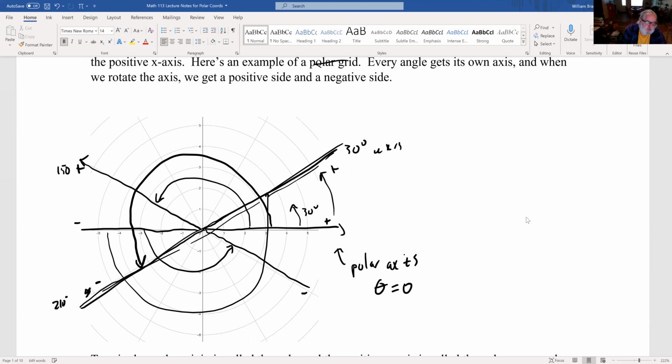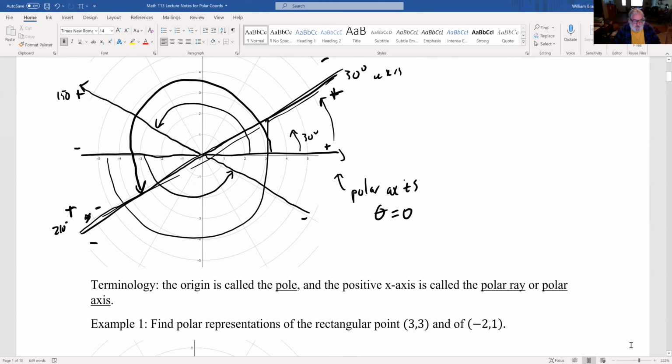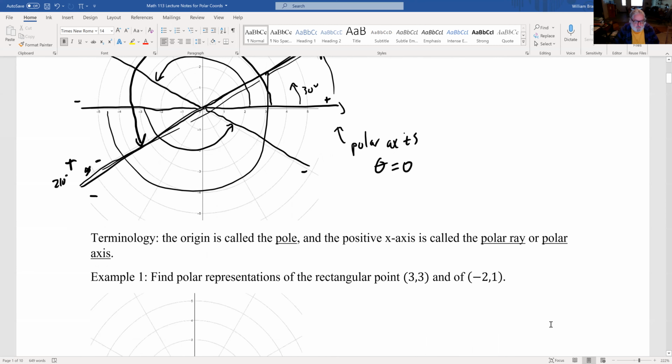So 30 and 210 are separated by 180 degrees. The 30-degree axis is positive in this direction and negative there. The 210-degree axis is positive this way, but negative up there. But the line is actually the same. So the origin is called the pole, and the positive x-axis is called the polar ray or the polar axis.